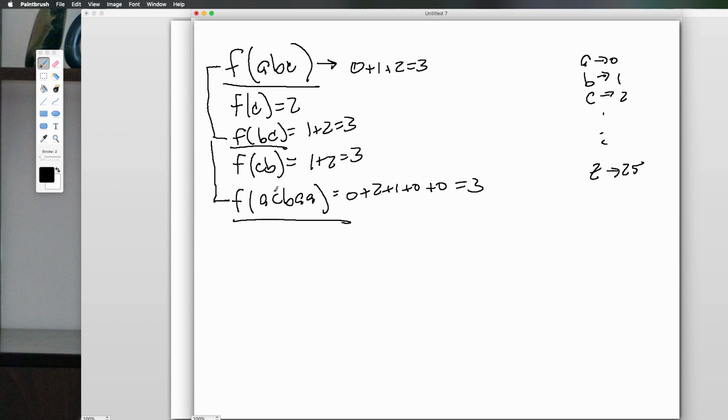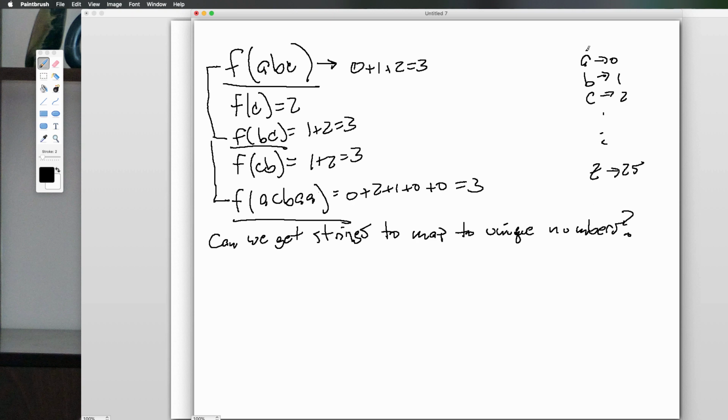What would be nice is, can we get strings to map to unique numbers? And the answer is sure.